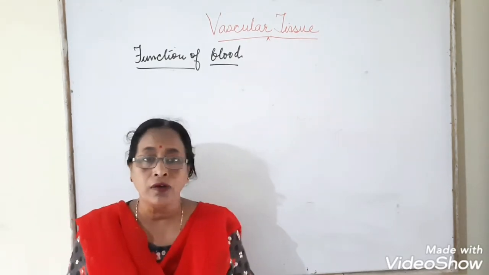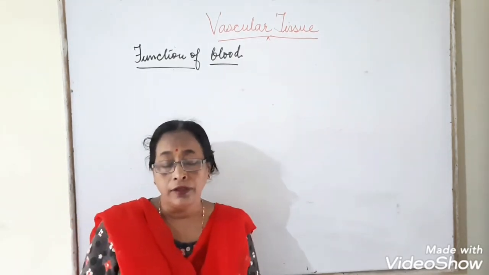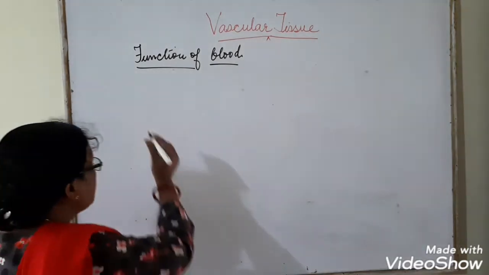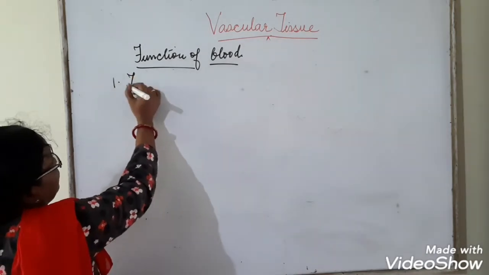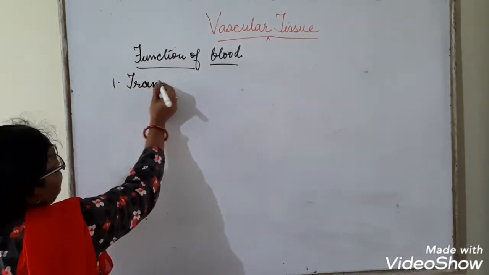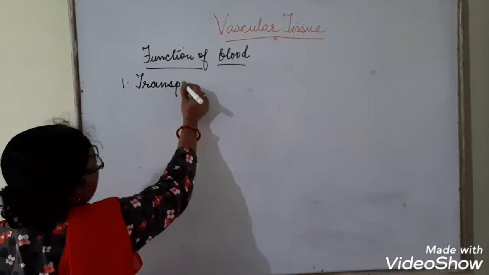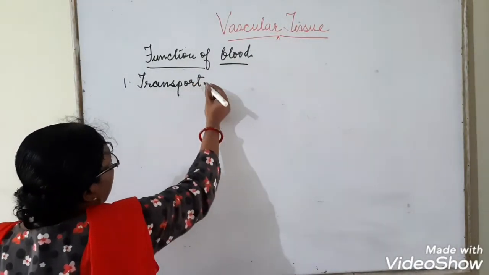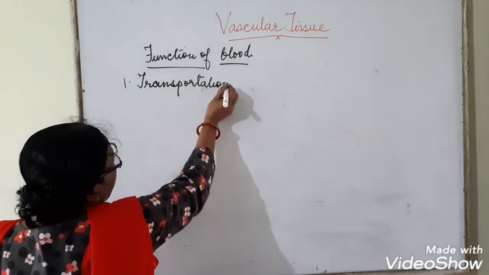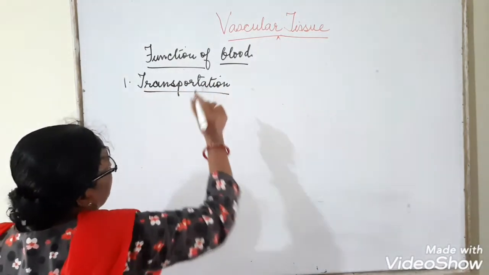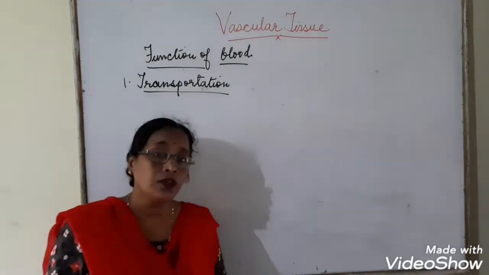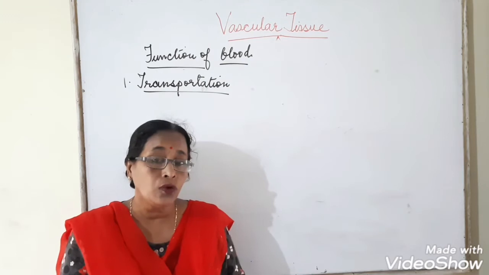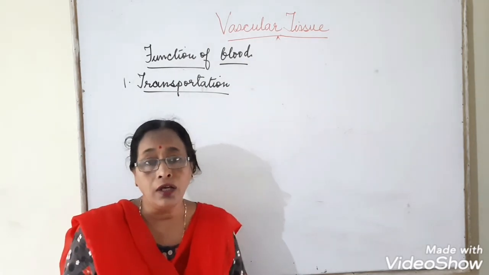Now let us know about the function of the blood. The most important function of the blood is transport. It transports oxygen, nutrients, enzymes and hormones to all parts of the body.